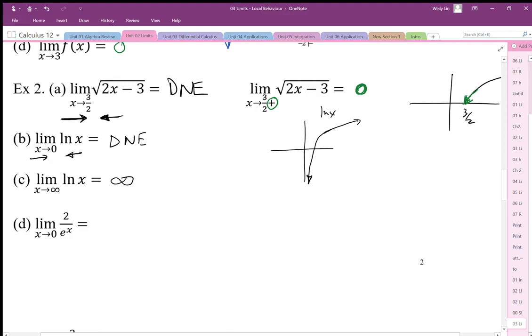The last one for this page, we have this function. I'm going to draw it here. This is going to be 2 over e to the x. It's actually an exponential decay graph. But what's happening as we approach 0?